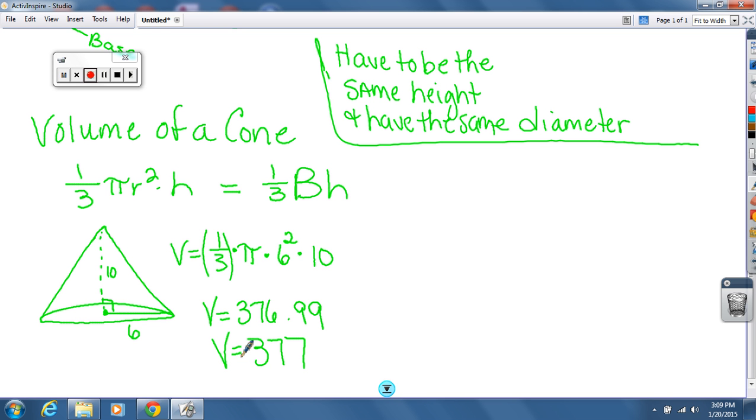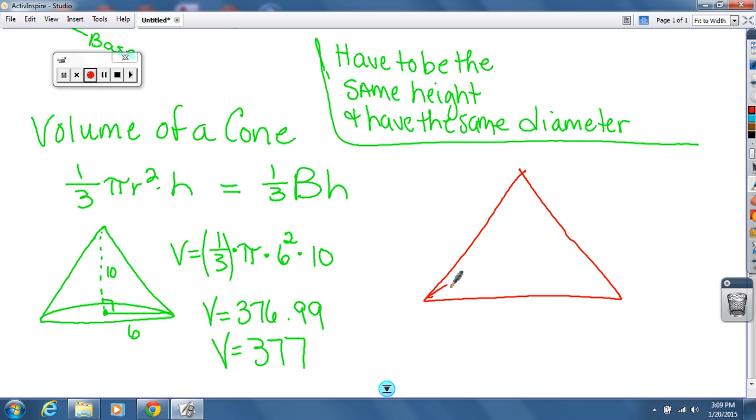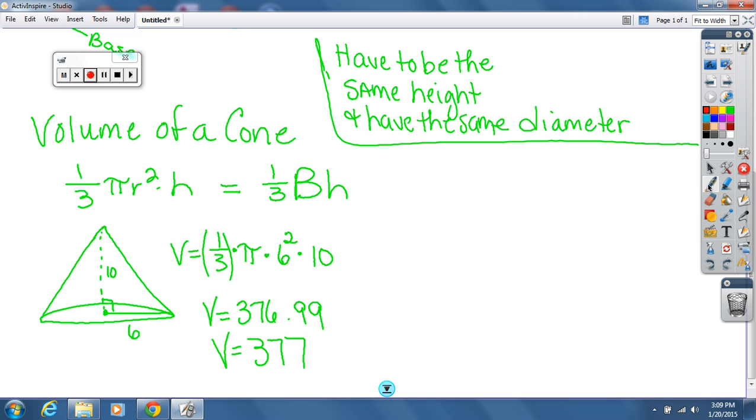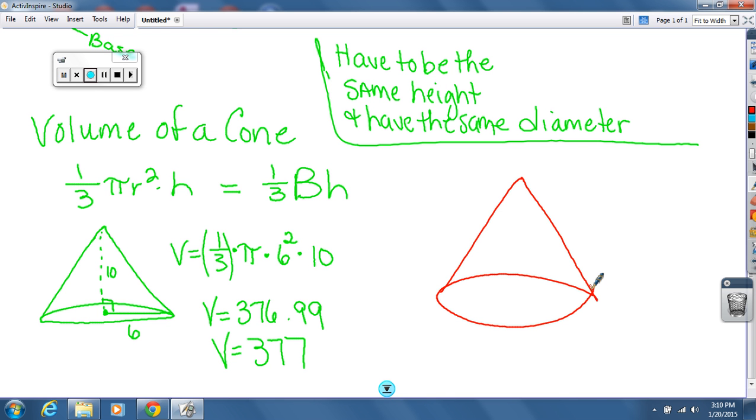Okay, so let's see. Here's a good thing. What's another word for height? Do you remember? It's called the altitude. So if I drew a cone, let me at least label it for you. That's my spiffy little drawing there. Of course, it doesn't look like a circle because I've kind of half-mooned it, right? Oh, that's terrible. Let me start over. All right, let's try that again. That's better. It's not great, but it's better.